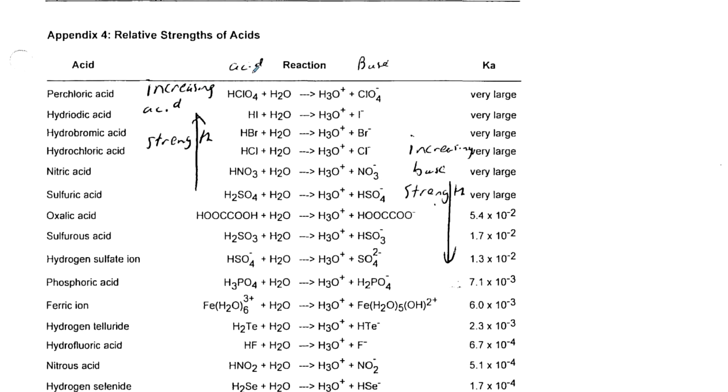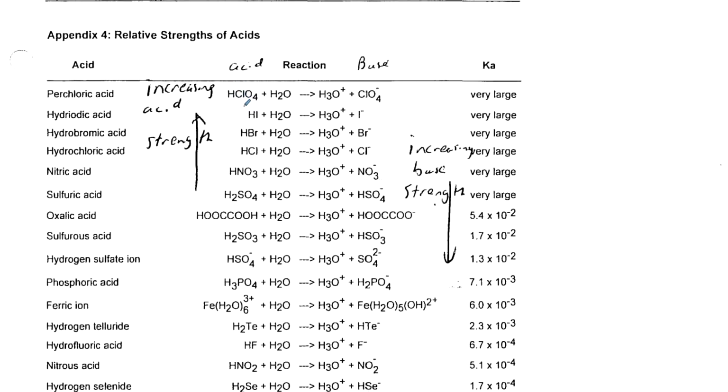Okay, so these guys here in this column, these are acids. This is showing the reaction with water, okay, and on the other side, it's producing the base or the conjugate base, right? The strongest acids are found at the top of this chart.